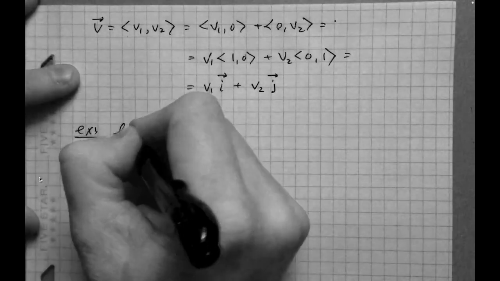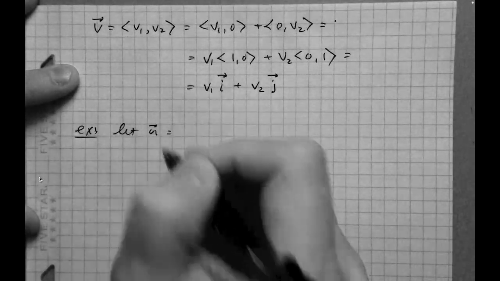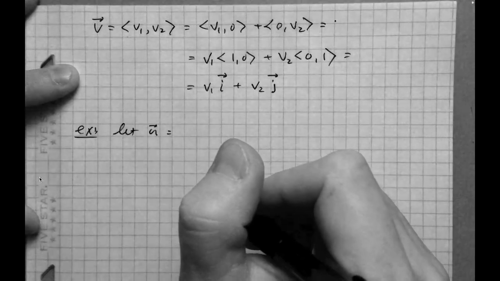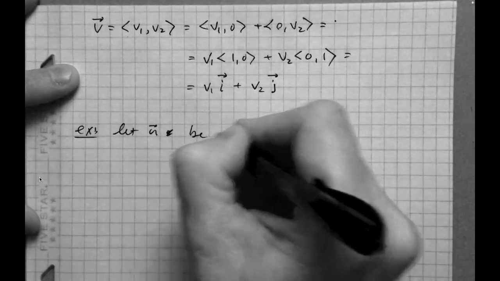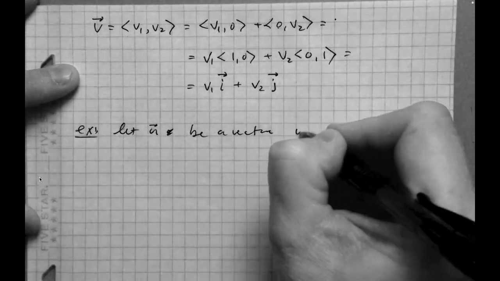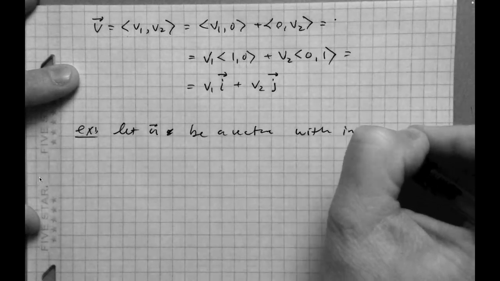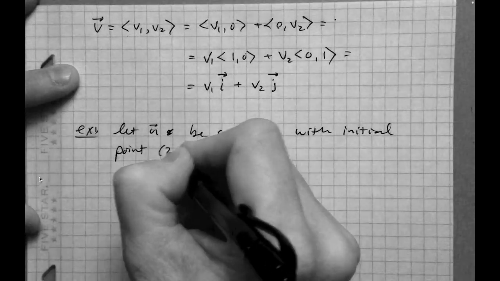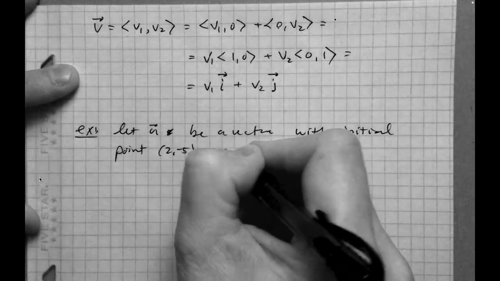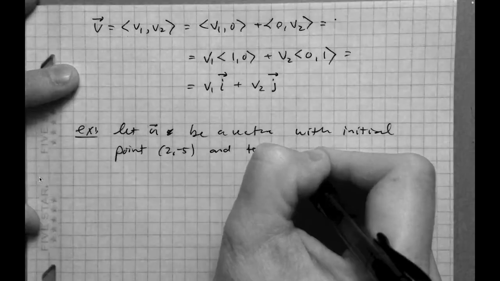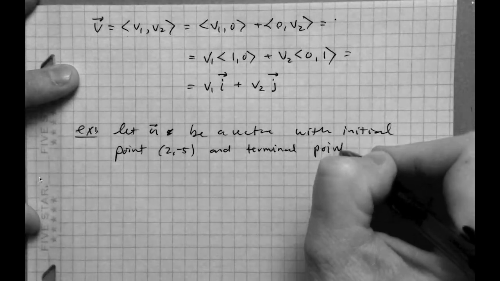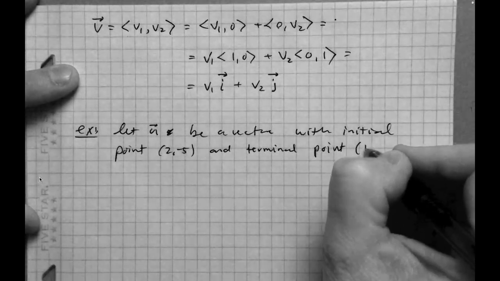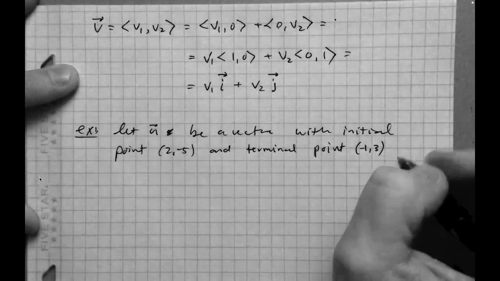So we'll let u be a vector with initial point (2, -5) and terminal point (-1, 3).